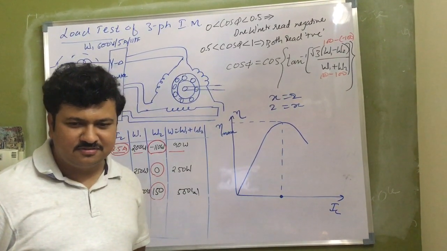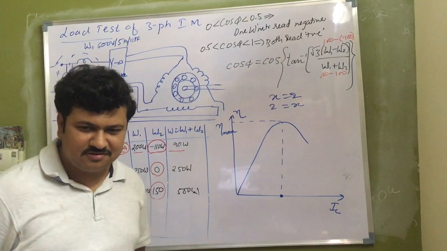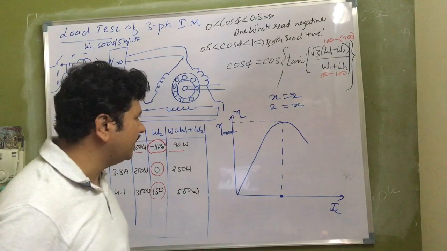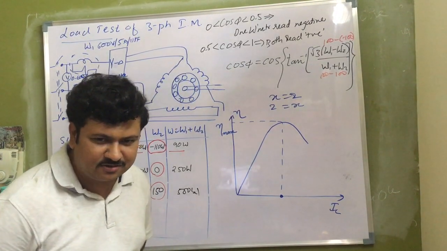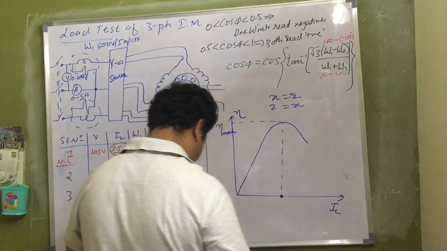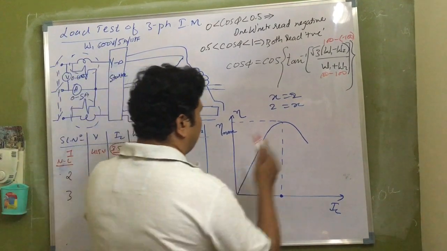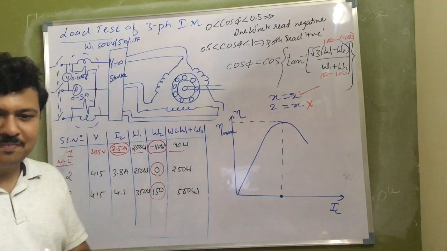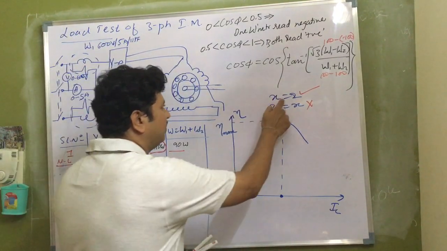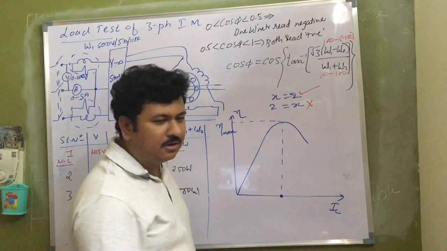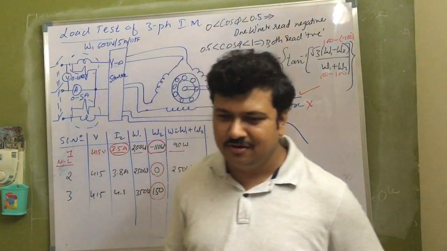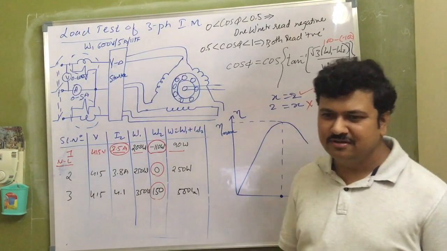X equal to 2, sir. X equal to 2 is correct. Why not 2 equal to X? Because X is a variable, 2 is a constant value, sir. Exactly. Any variable can take a constant value, but a constant value cannot take any variable value. How can 2 be X? 2 is 2.